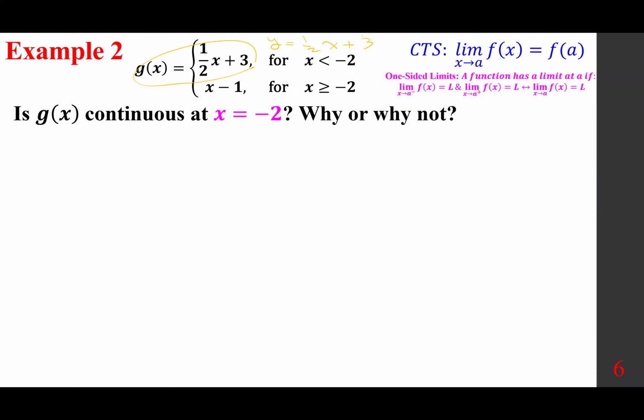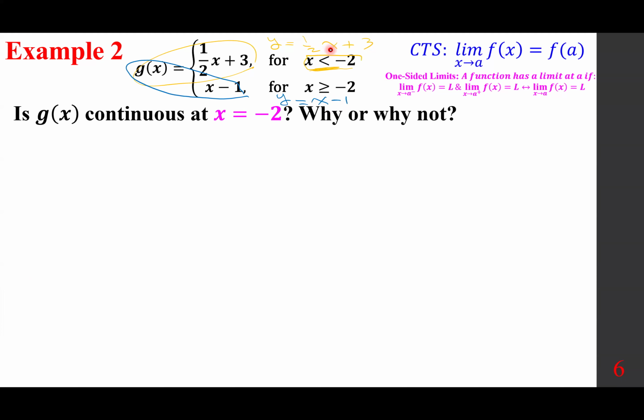Therefore, it's continuous from negative infinity to -2. The bottom piece has the equation y equals x minus 1, again a linear function that is continuous from negative to positive infinity, therefore it's continuous for x greater than or equal to -2. So we have to check the end point.